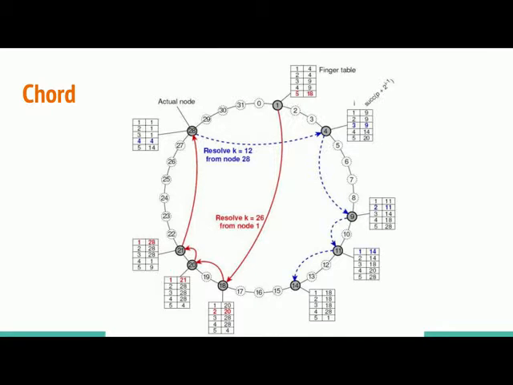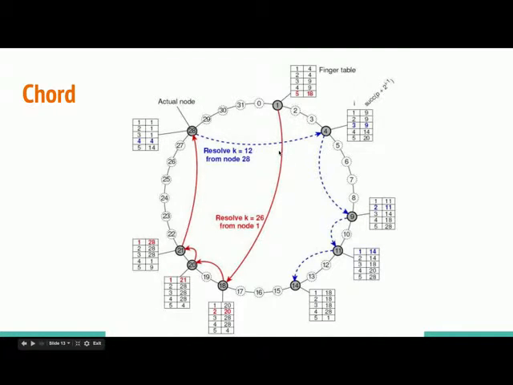So let's see how it works. Here the table looks a little bit different, but if you consider this as 2 to the power of 0, or sorry, 2 to the power of 1 minus 1, that's 1, this is 2, this is 4.